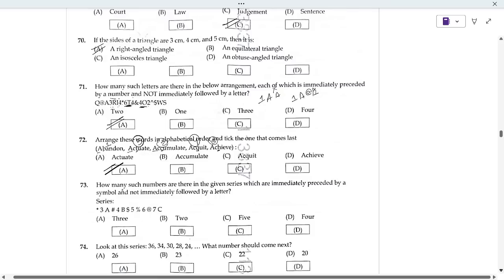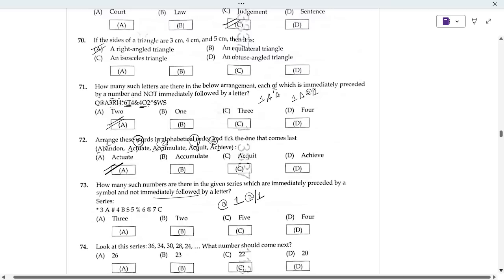How many such numbers from the alphanumeric series are there in the given series which are immediately preceded by a symbol and not followed by a letter? Preceded by a symbol means symbol, number, and then next can be a symbol or number but not a letter.